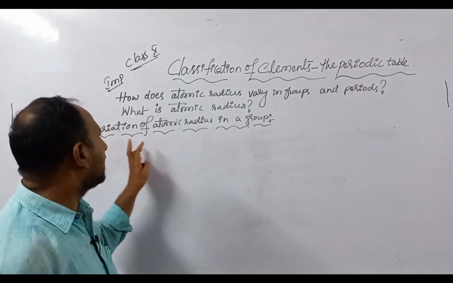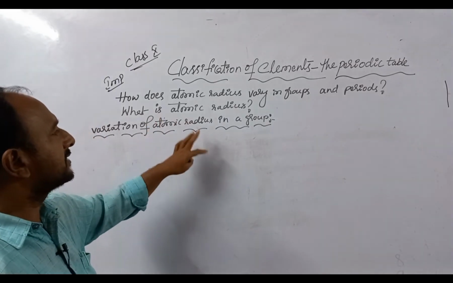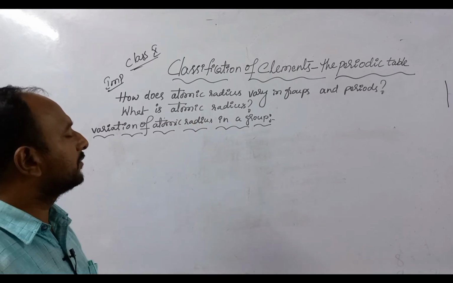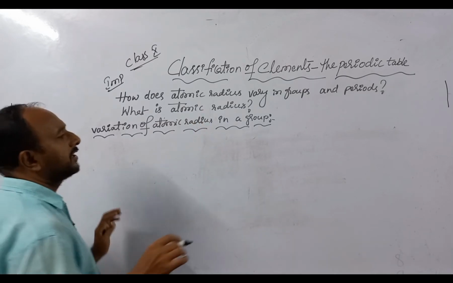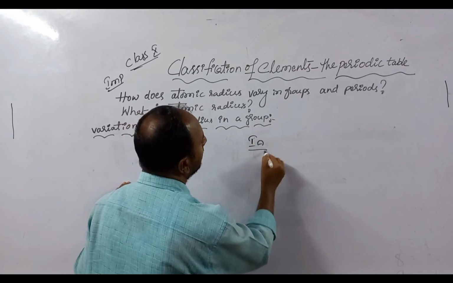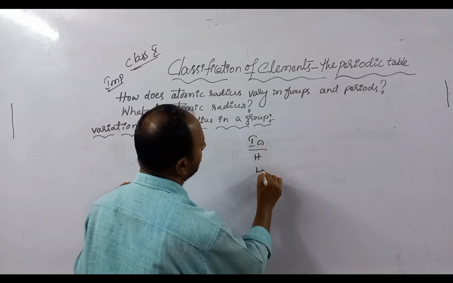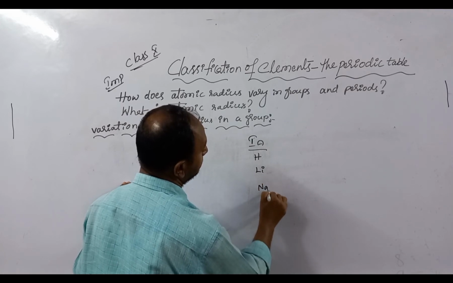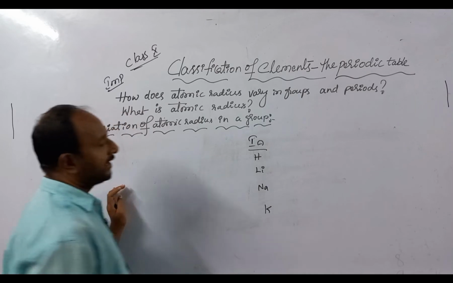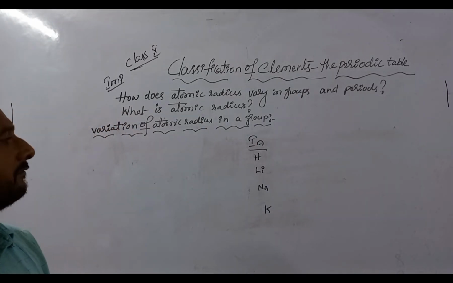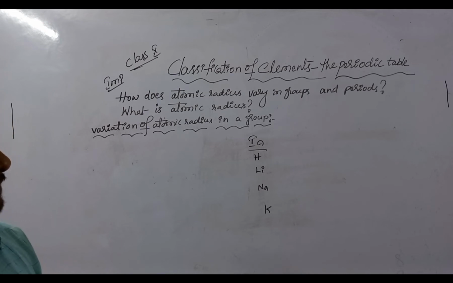So now, the variation of atomic radius in a group from top to bottom. For example, we are taking group 1A elements like hydrogen, lithium, sodium, potassium. First element in group 1A, hydrogen. Second element, lithium.